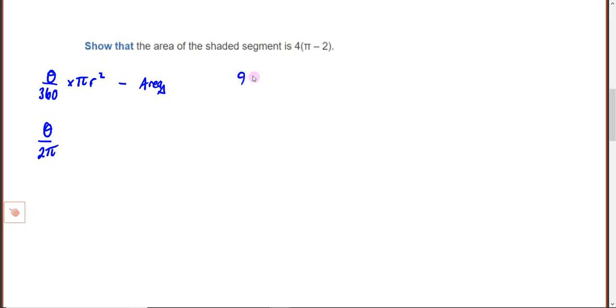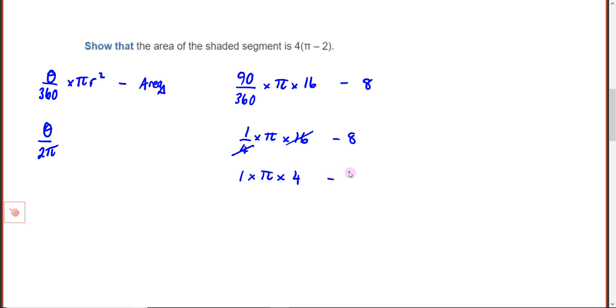So then it's 90 degrees out of 360 multiplied by pi multiplied by 16, subtract 8. Now that's 1/4 multiplied by pi multiplied by 16 minus 8. 16 and 4 cancel to make 1 multiplied by 4, which is 4 pi minus 8, which is 4 times pi minus 2.